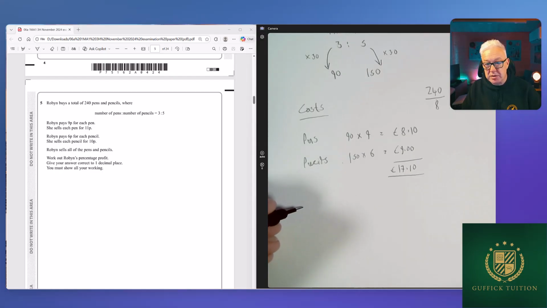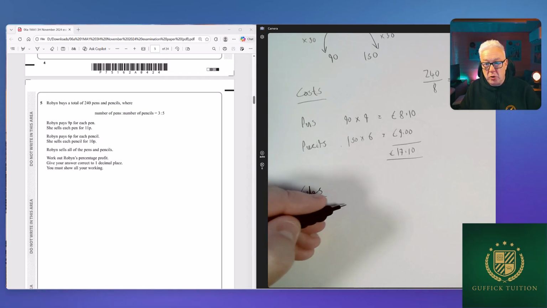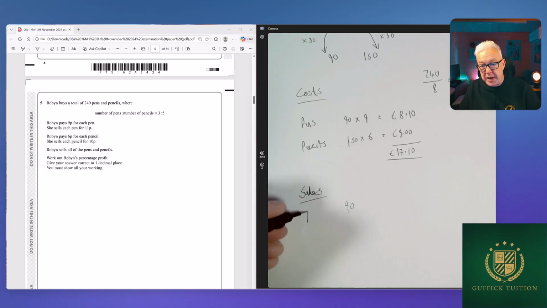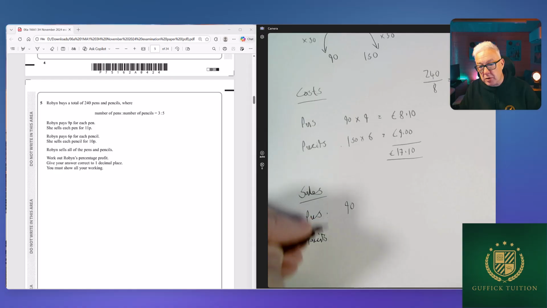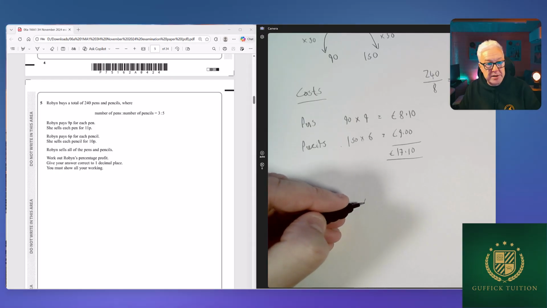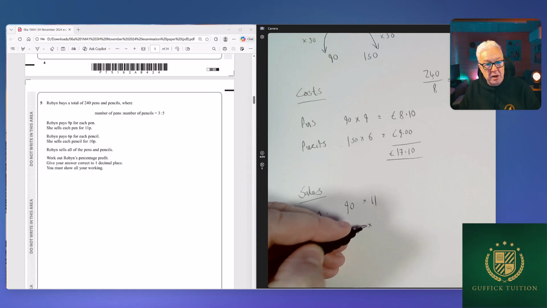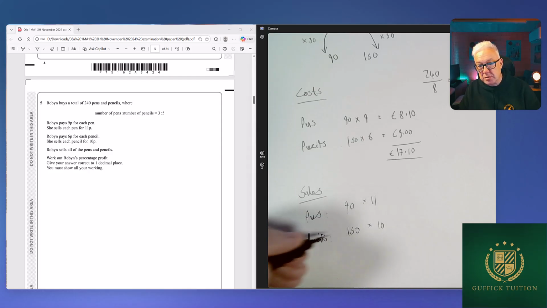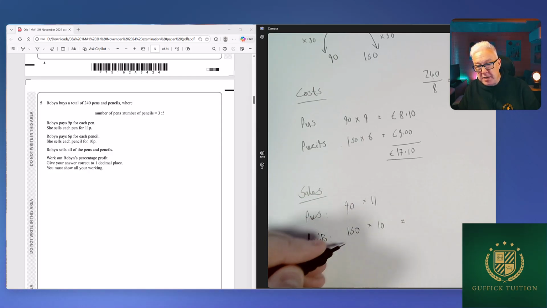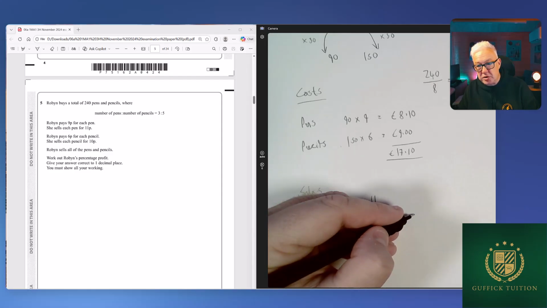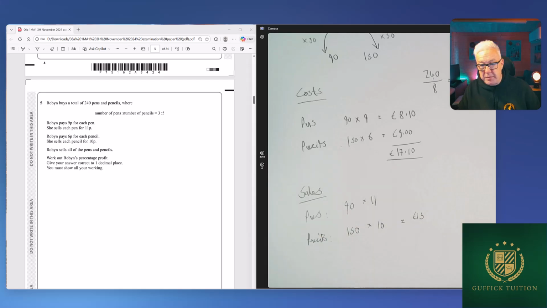Now let's work out how much money Robin makes from the sales. Okay, so from the sales, all of them are sold. So let's do the pens and let's do the pencils. So all of the pens are sold, 90 of them, and they're sold for 11p each. The pencils, all 150 are sold, and they are sold for 10p each. Okay, so 10p times 150 is going to be 1,500, which is going to be £15.